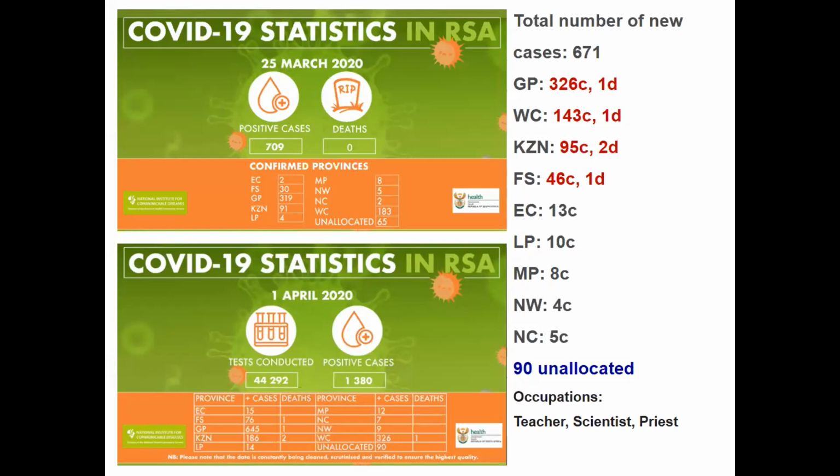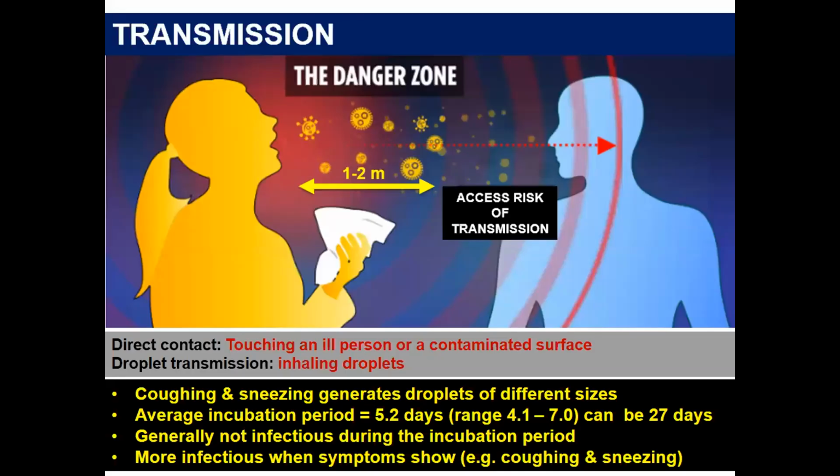More important are the unlocated cases that tested positive, where insufficient information was provided to the laboratory to activate contact tracing, and these cases are in the community and could potentially be spreading the disease.